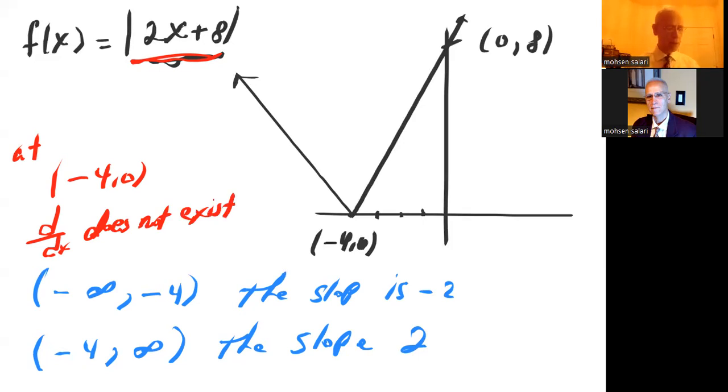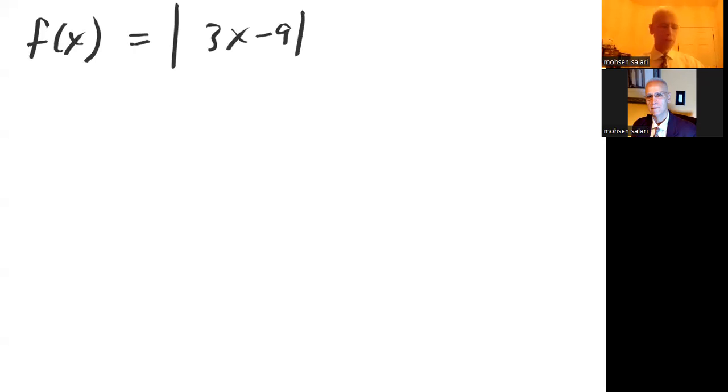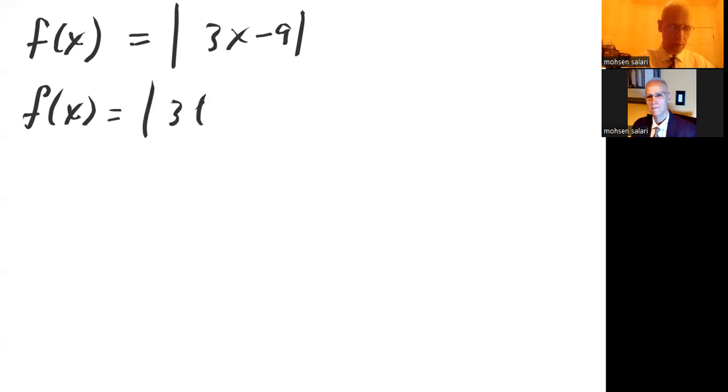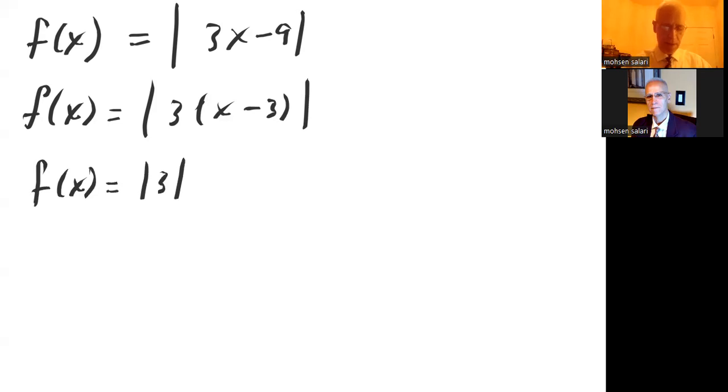Let's do one more example. Suppose I have f of x, let's say this time something with 3. How about 3x minus 9? This is the same as f of x equals absolute value of 3 times x minus 3, which is the same as absolute value of 3 times absolute value of x minus 3.